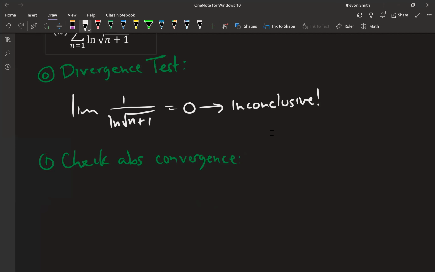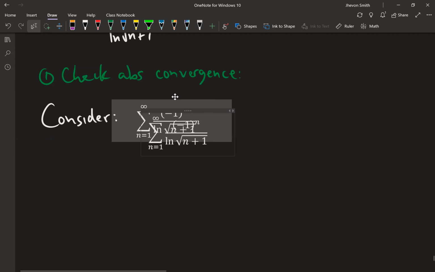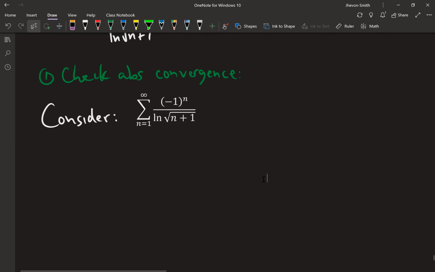So you're going to look at this guy right here, and put absolute values around here, and here, which brings you into this scenario right here: 1 over ln of the square root of n plus 1.